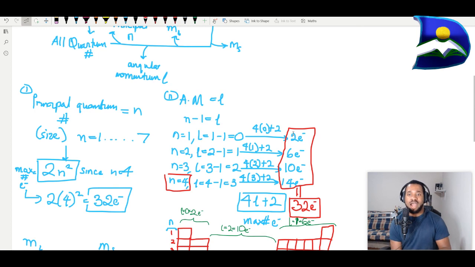Then you add all the electrons together to get the maximum number of electrons that will occupy the fourth principal quantum number.